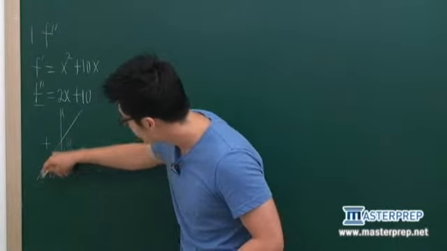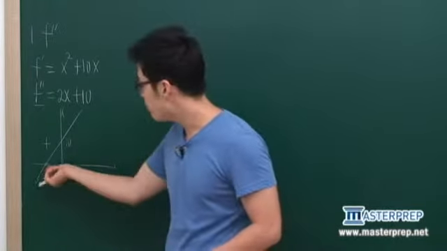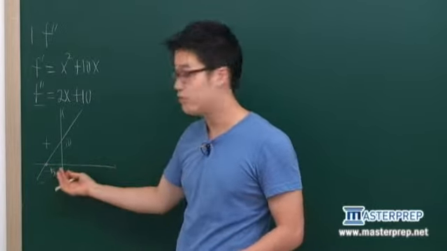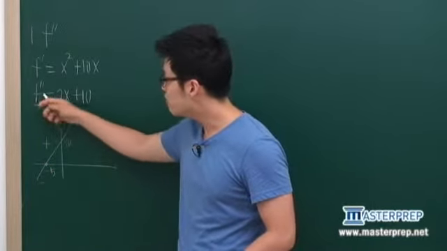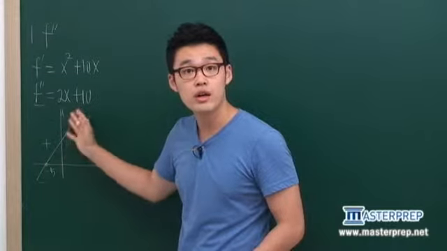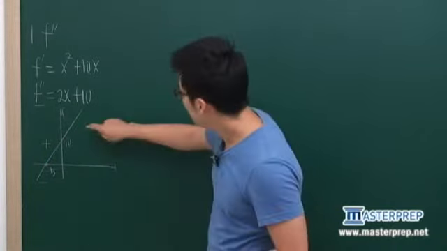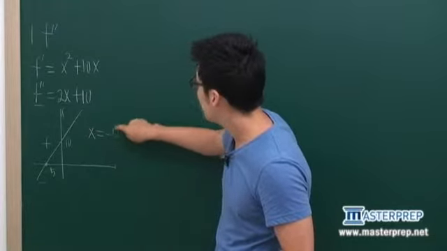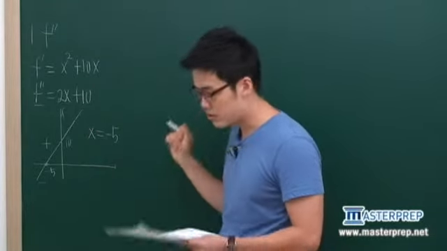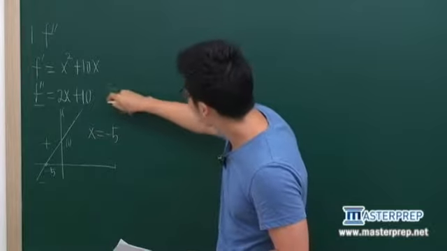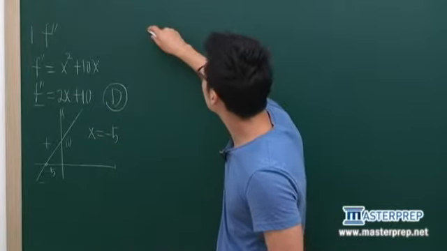So at this point it becomes 0, right? And this is the point where the inflection point actually exists, because the sign of f double prime changes, right? So you could say the x-coordinate of that point is x is equal to -5. So this is all about differential calculus. So this is D, right? So let's get into number 2 then.